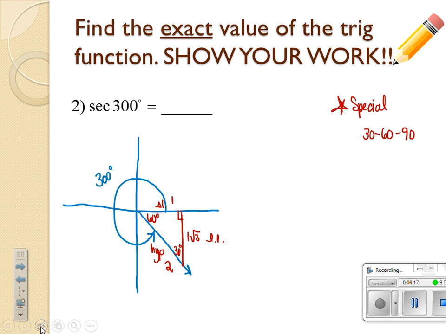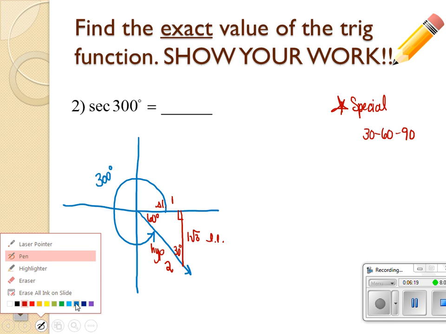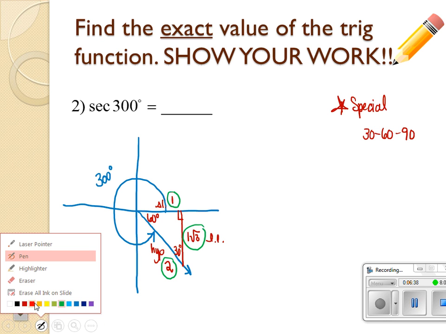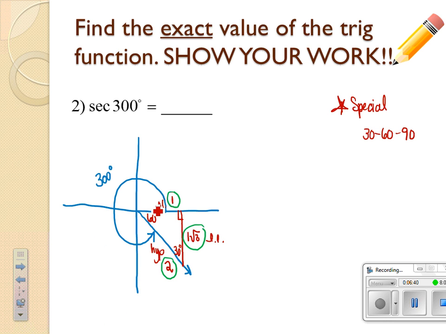All right, so remembering the rules is going to be very helpful. If the short leg is 1, the hypotenuse is 2. If the short leg is 1, then the long leg is 1 square root of 3. But now, be careful. We need to look at these and ask, do we have the right negative or positive sign? This would be a positive x, this would be a negative x.